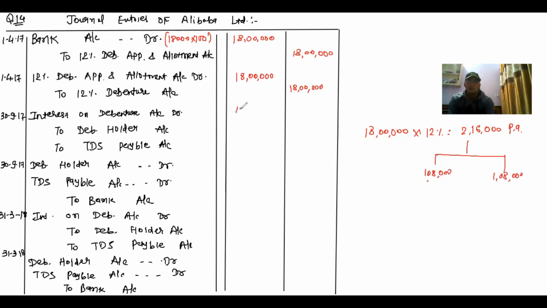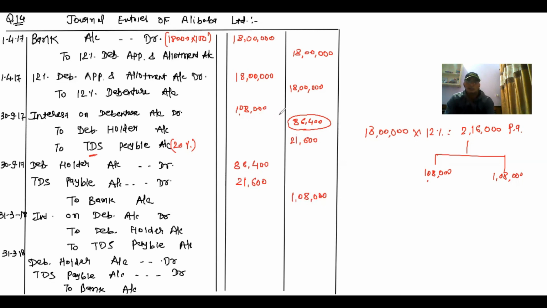Now the interest amount is 1 lakh 8,000, on which TDS of 20% is deducted. So 1 lakh 8,000 multiplied by 20% comes to 21,600, and the remaining part is 86,400. Now these two credit entries come on the debit side, 86,400 and 21,600, and the total comes to again 1 lakh 8,000.